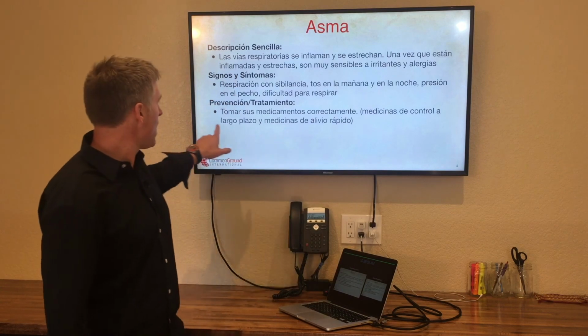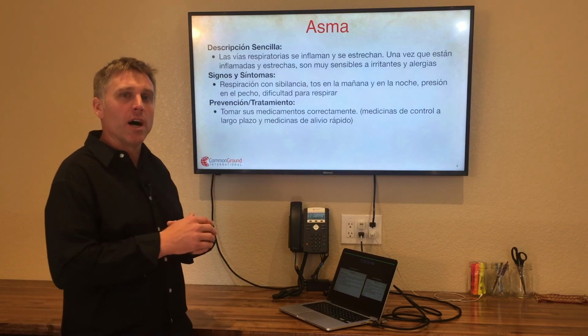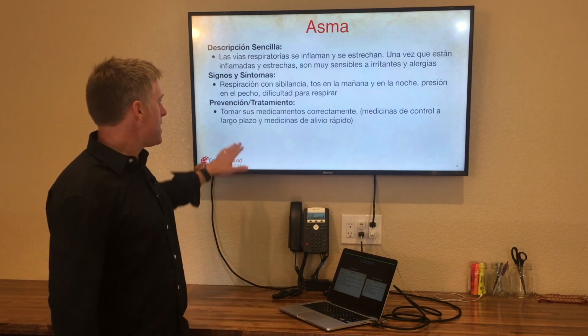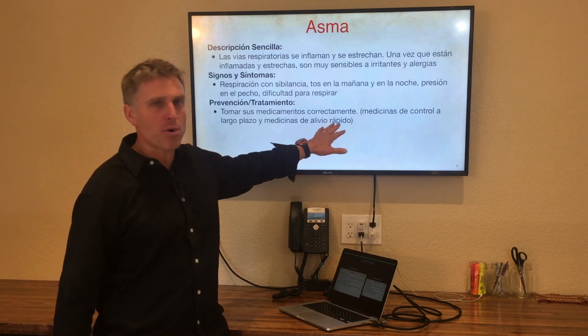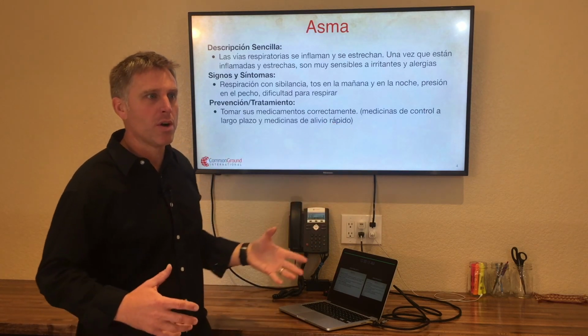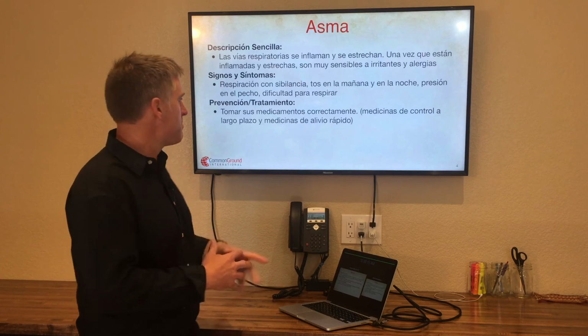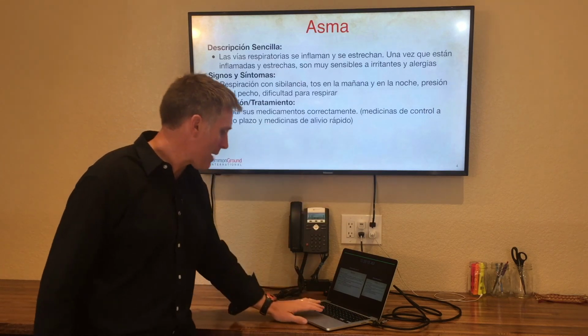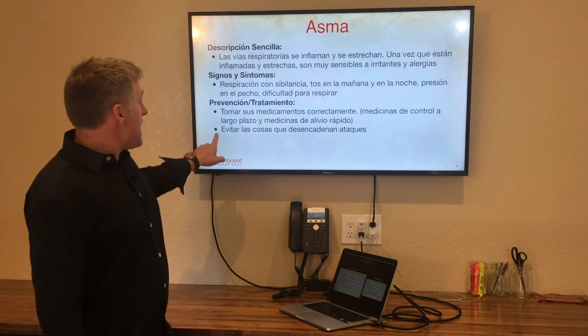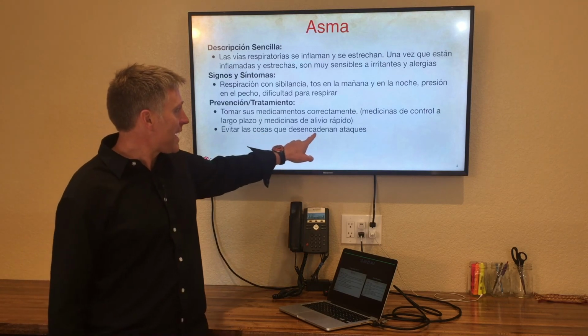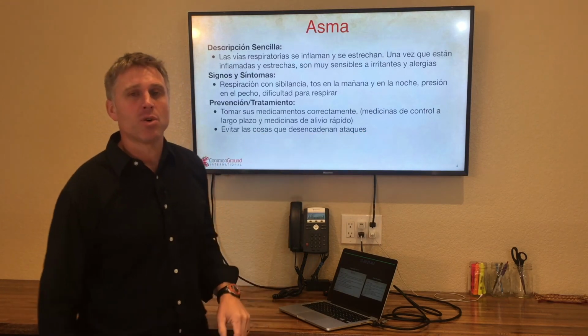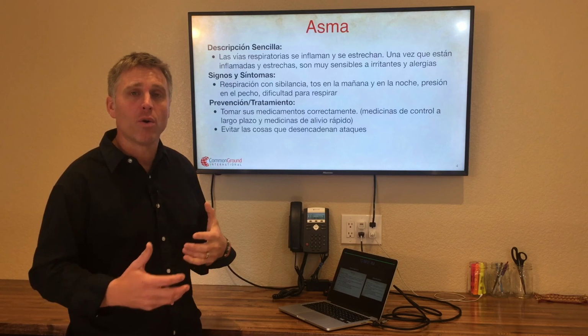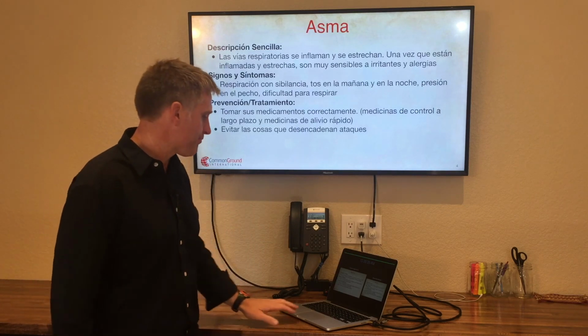Medicinas de control a largo plazo, so long-term control, y medicinas de alivio rápido, so short-term or emergency meds, ¿verdad? Evitar las cosas que desencadenan ataques. So avoid things that trigger or provoke attacks, ¿verdad?